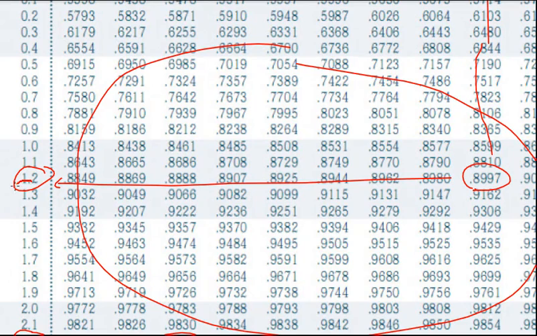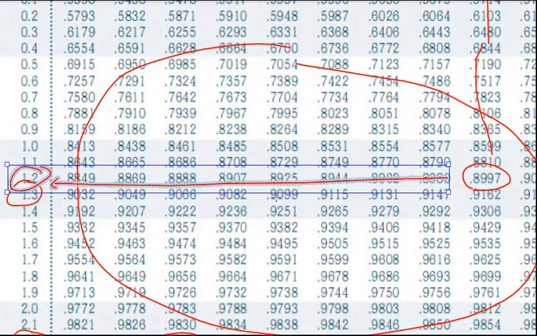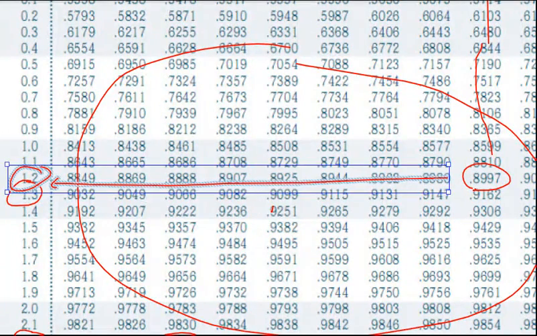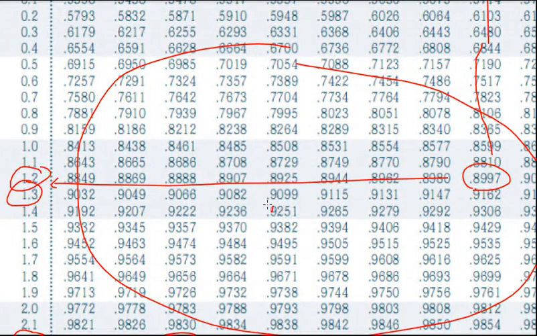Here's 1.3, so 1.34 would be 0.9099. Let's see, did I mess that up? 0, 1, 2, 3, 4. So 0.9099.